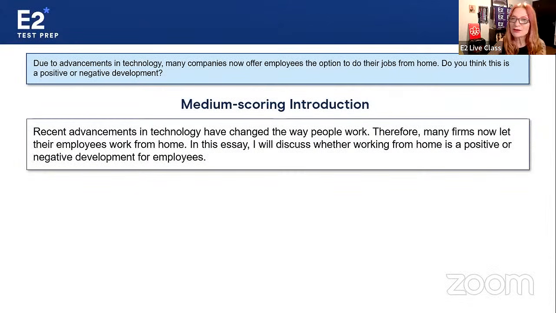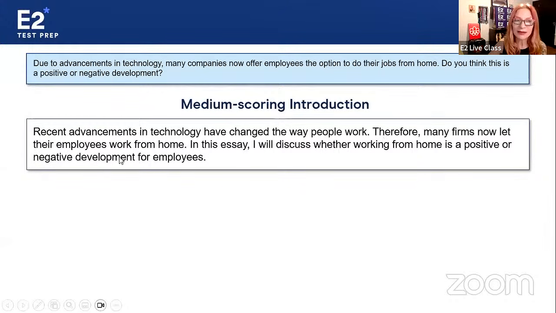So we're going to compare the two introductions here. Let's work together. Once again, the prompt is: due to advancements in technology, many companies now offer employees the option to do their jobs from home. Do you think this is a positive or negative development? We already identified that the advancements in technology have to be covered. So: recent advancements in technology have changed the way people work.